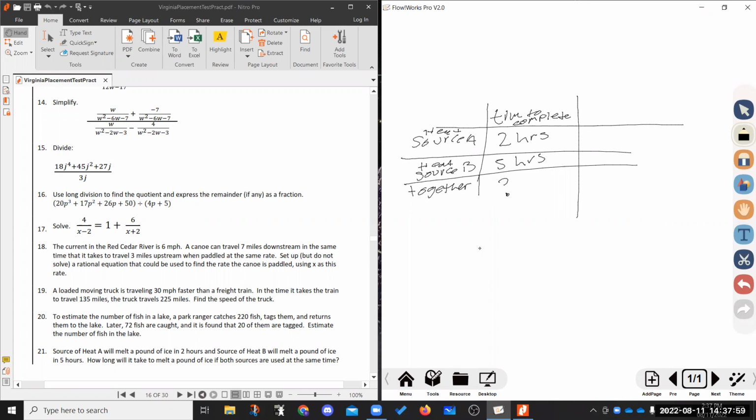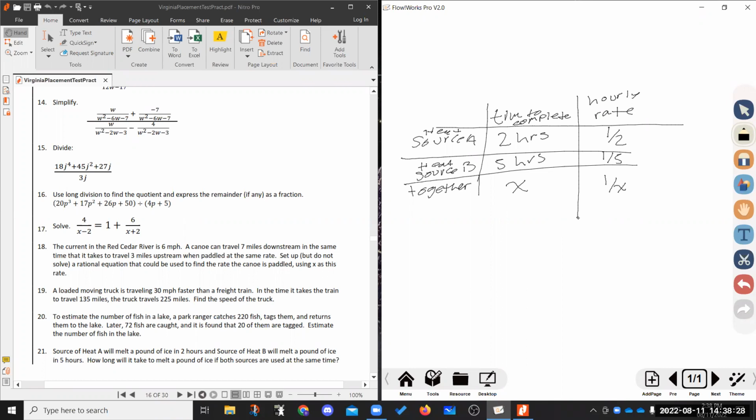That's what I'm trying to find out. So I'm going to call this unknown here X. And I'm going to say, okay, the hourly rate for each of these is that this one completes half the job in an hour. This one completes a fifth of the job in the hour. And likewise, this one completes 1 over X in an hour, right?